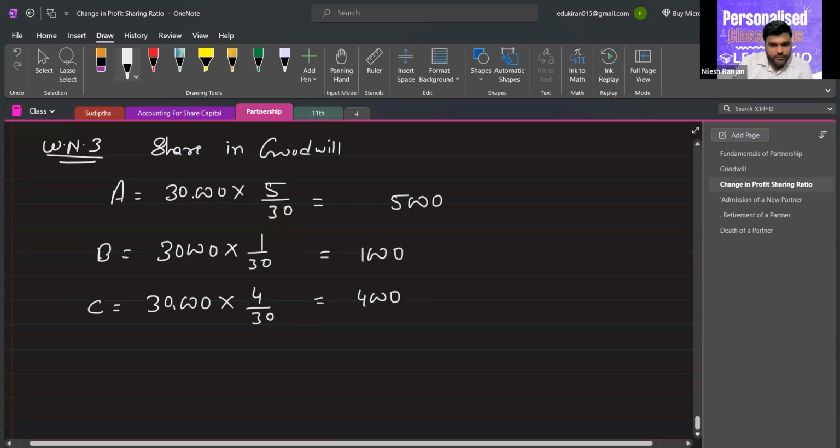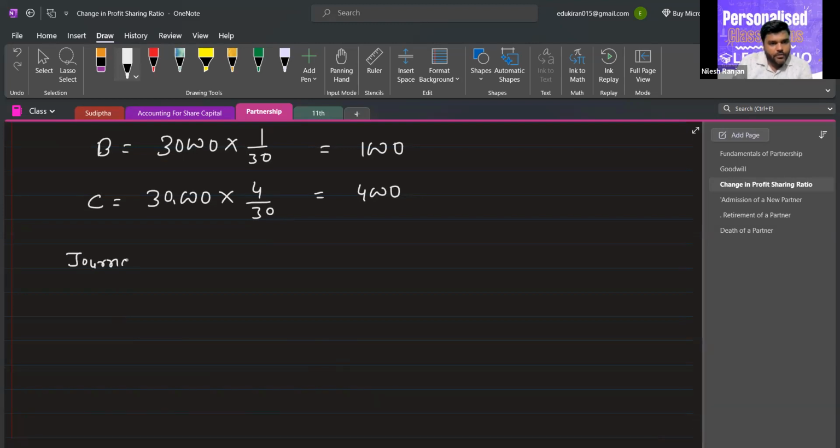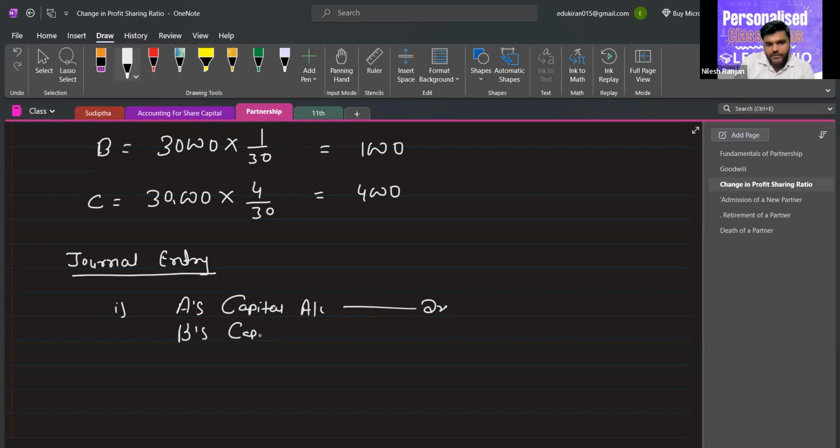Now here we will pass 2 journals. First, for writing off the existing goodwill: A capital account debit, B capital account debit, and C capital account debit, to goodwill account.